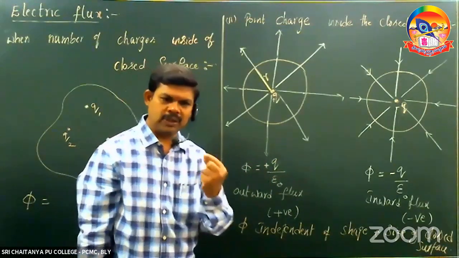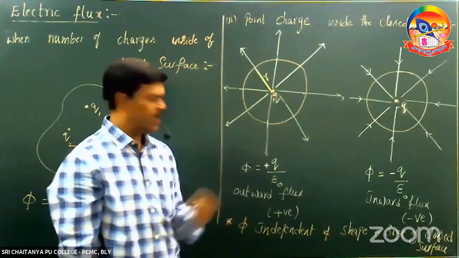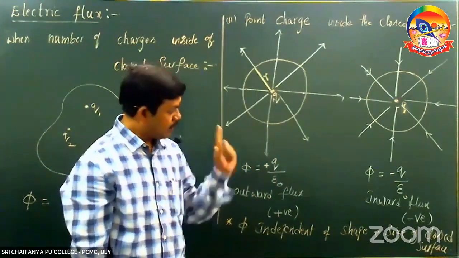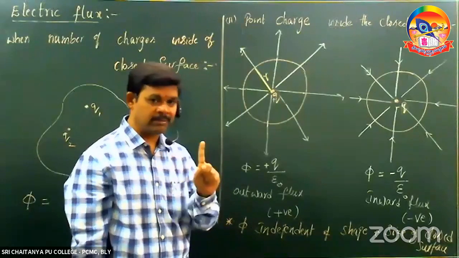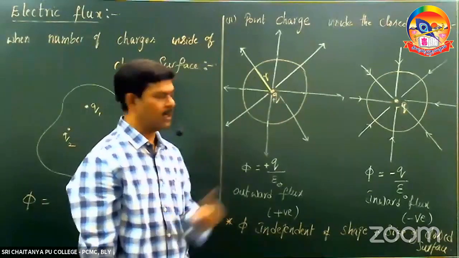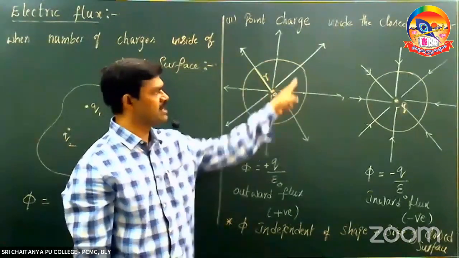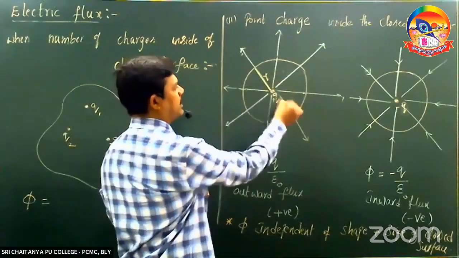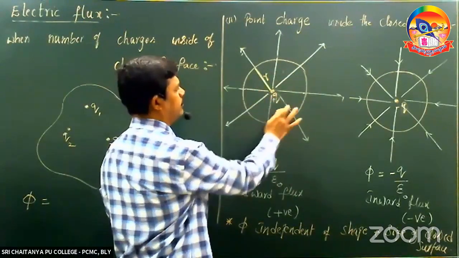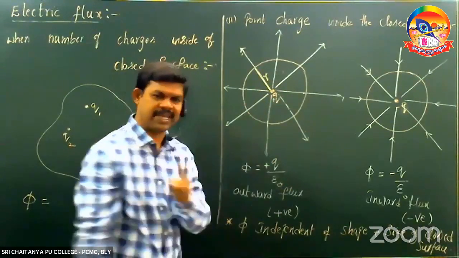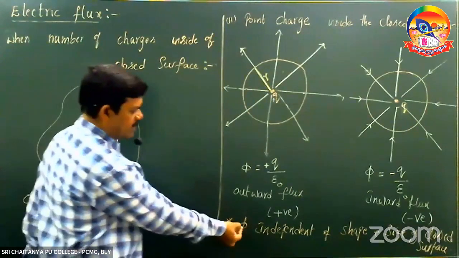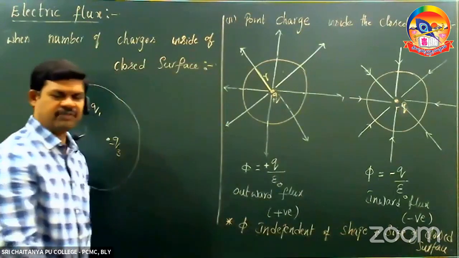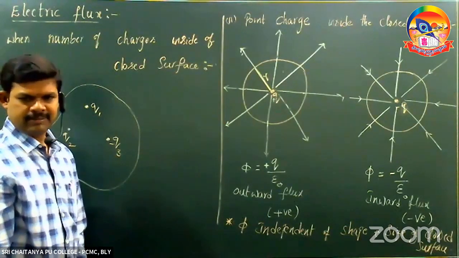There is no term related to the shape. There is no term related to the size. And one more, there is no term related to the position of the charge inside. Charge may be present here, charge may be present here, anywhere. Formula comes same. So one point is phi independent of the shape and size of the closed surface.